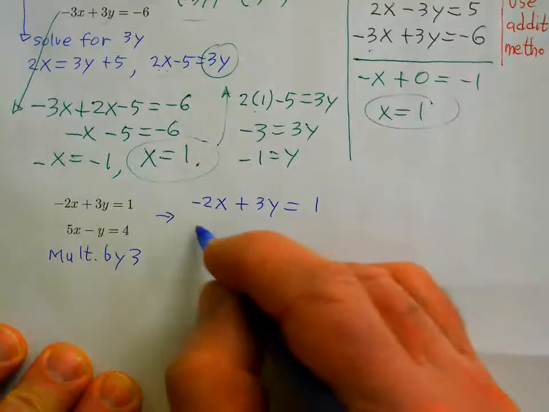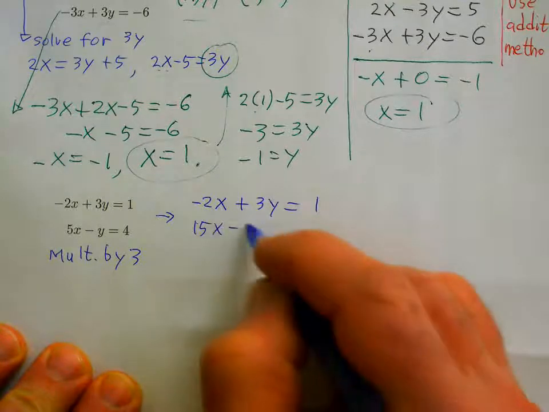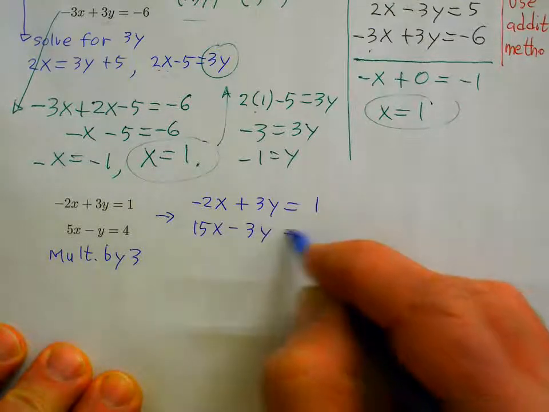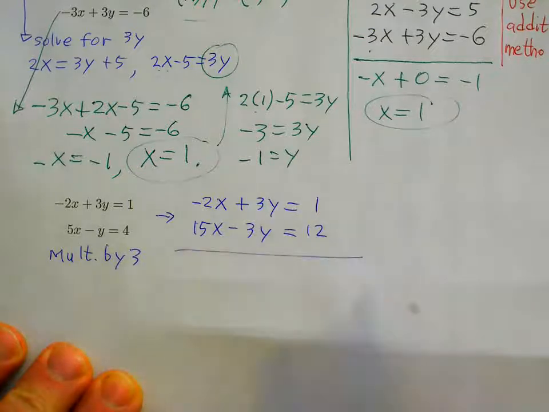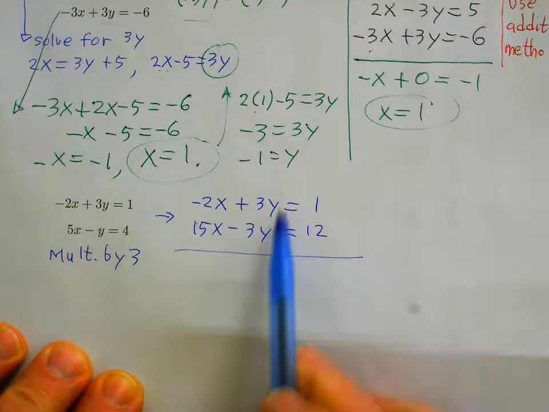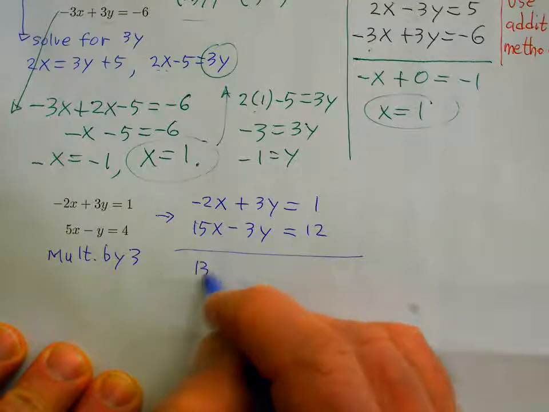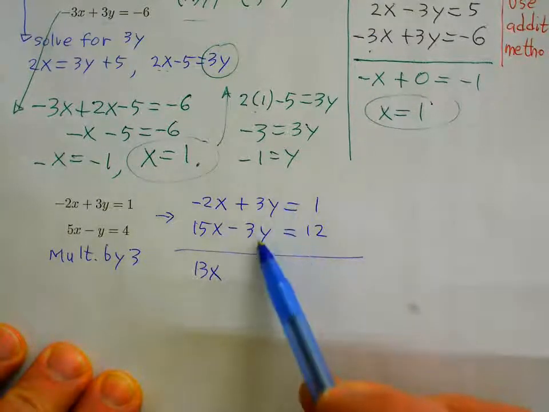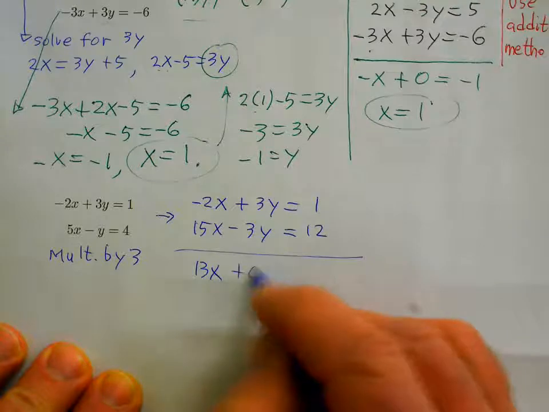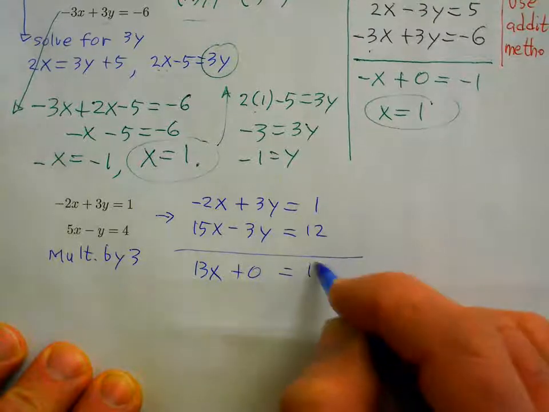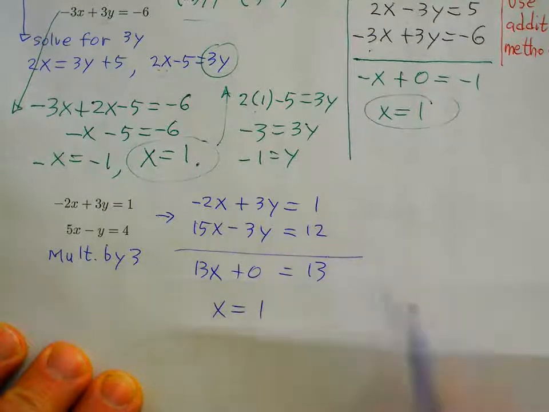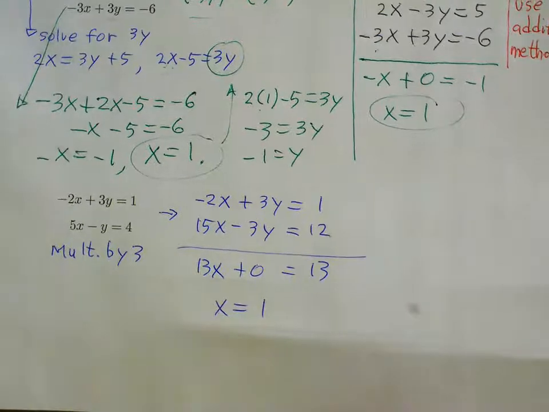And then I get 15x minus 3y equals 12. And when I add those two equations, I get an elimination. Negative 2x plus 15x is 13x. 3y plus negative 3y is 0. 1 plus 12 is 13. x equals 1. Okay, we're out of time for today.